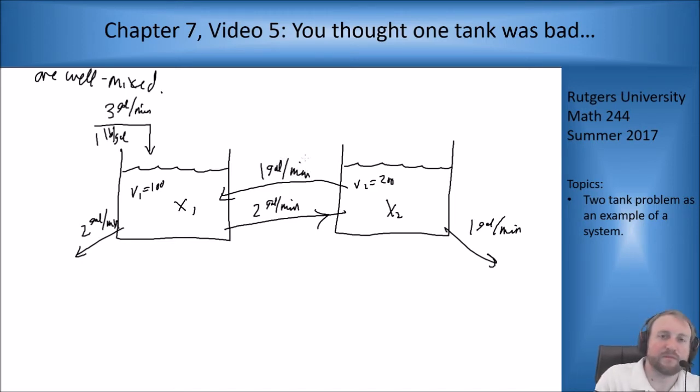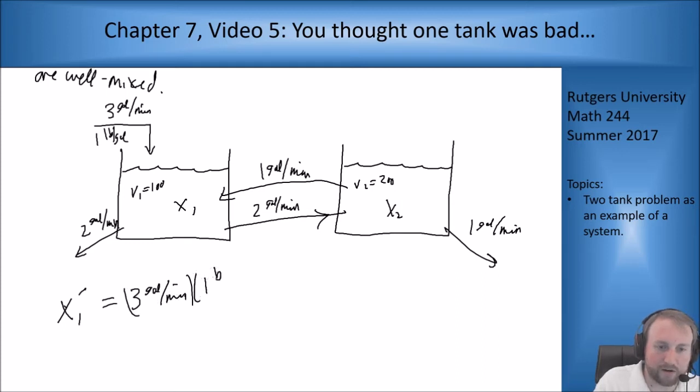Okay, so let's look at X1. How does X1 change? Well, the rate of X1 change is going to be salt in minus salt out. So what is salt in? Well, salt in is 3 gallons per minute times 1 pound per gallon from the inflow stream, plus this other inflow stream. So the inflow streams for tank 1 are this one and this one here.